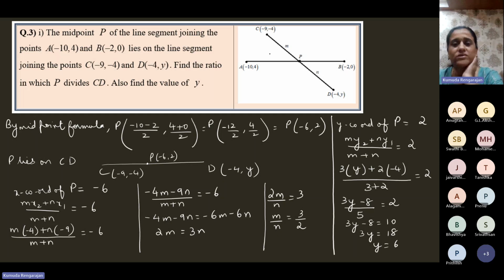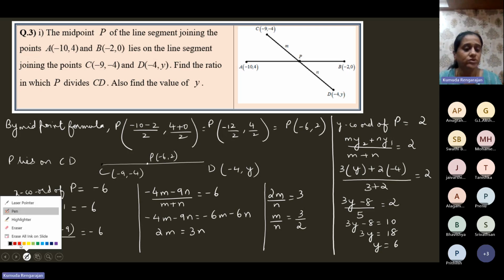The figure is not given in the question, okay? You have to draw the figure. Go through. If you have any questions, you can ask me.